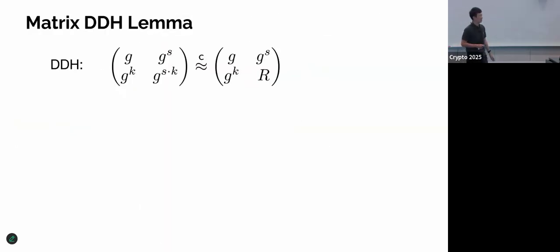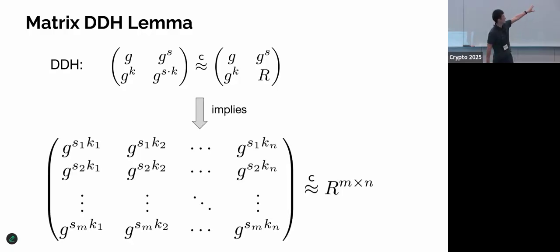First, I would like to introduce a simple lemma. It's called matrix DDH, but please don't confuse it with the matrix DDH assumption. That's a different thing. So here is a common definition of DDH. Basically, it says if you sample S and K randomly, then g to the SK will look like a random group element, even if the distinguisher has g to the S and g to the K. With DDH, we can actually show that the matrix below here is pseudo-random.